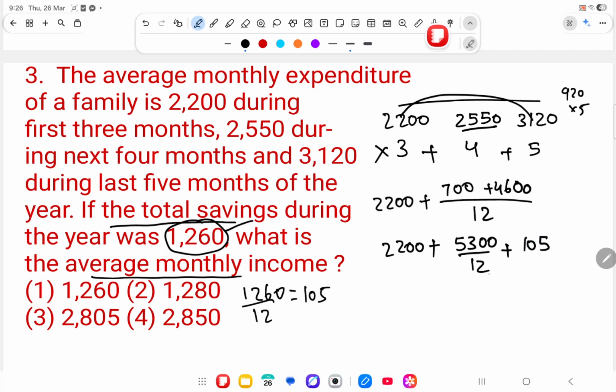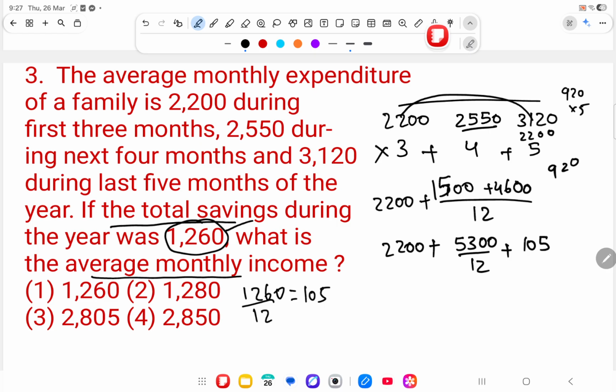So how many times it goes? Something wrong. 2,200. Difference is 920. 920 into 5. It is 350.